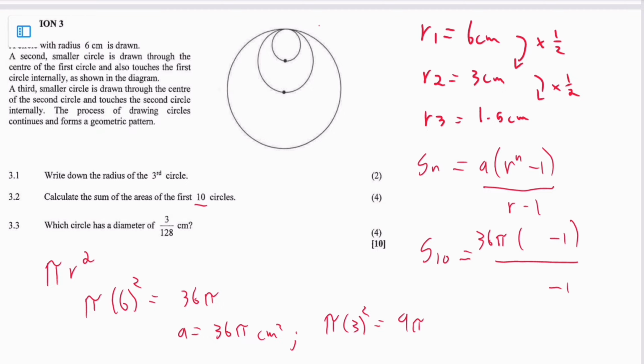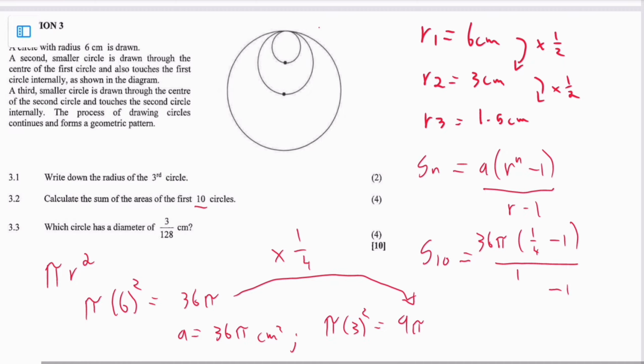And so you'll notice from the area of the first circle to the second, we are multiplying by 1 over 4. And you can verify that with a second circle, we will multiply by 1 over 4 again. So what we have here for R is 1 over 4. You can also swap these around, probably actually better to say 1 minus R in this instance.